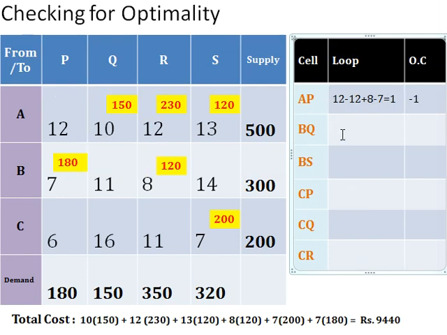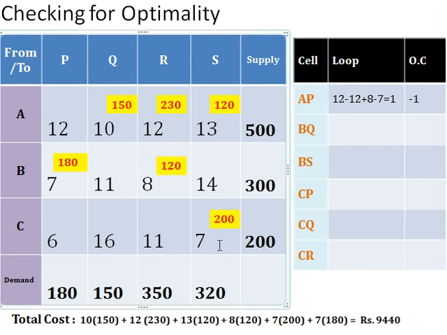Next cell, similarly we can calculate for this BQ cell. So loop value, as you can see, if we consider the loop from here, then here coming back. Okay, so plus minus plus and minus.